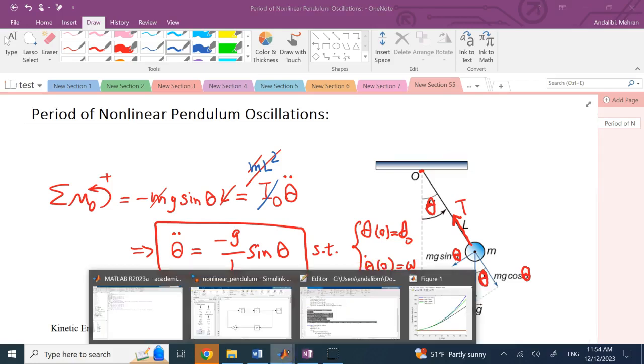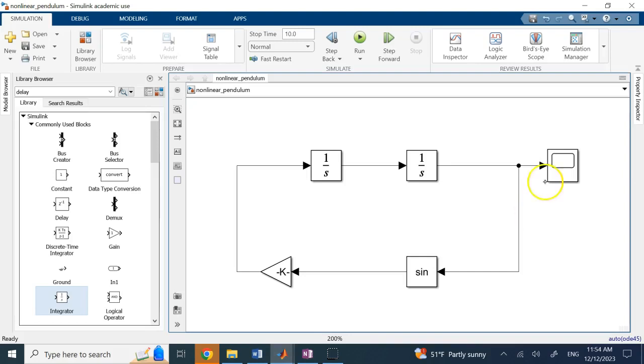So I can, let's say, create a Simulink block like this. And here, this signal is the theta double dot, right? So this is like theta 2 dot. And integrate it to get theta dot. And then integrate it one more time to get theta.